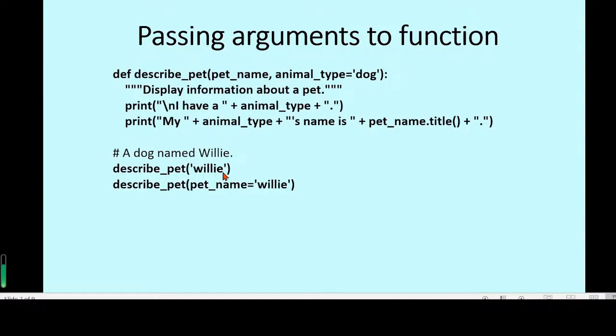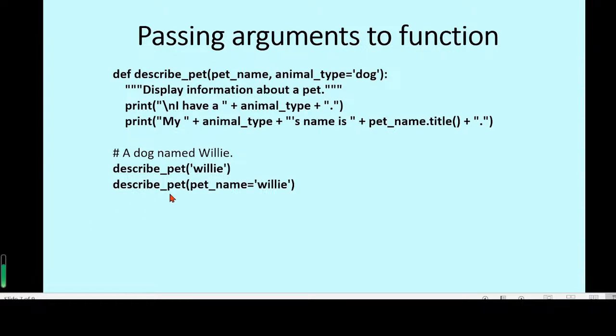You need not input a dog, but the function definition with the default value has to be put after the parameter without a default value. Because the default value for animal type is dog, we have to put this parameter at the end in the function definition.